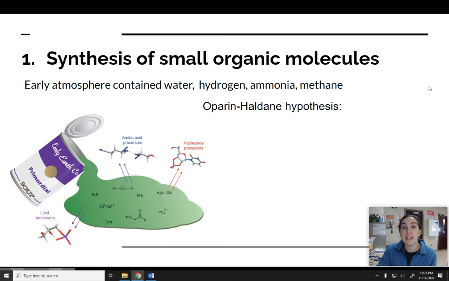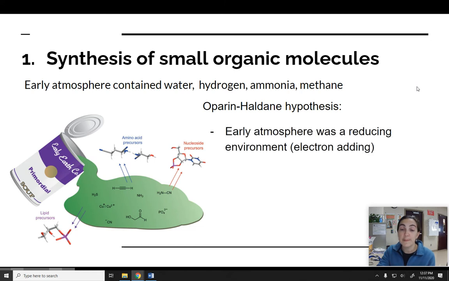Oparin and Haldane were scientists who came up with an idea, a hypothesis, about how these organic molecules might have formed. They theorized that the early atmosphere was a reducing environment. If you remember redox reactions from chemistry, oxidation and reduction, a reducing environment favored the types of reactions that added electrons to molecules.